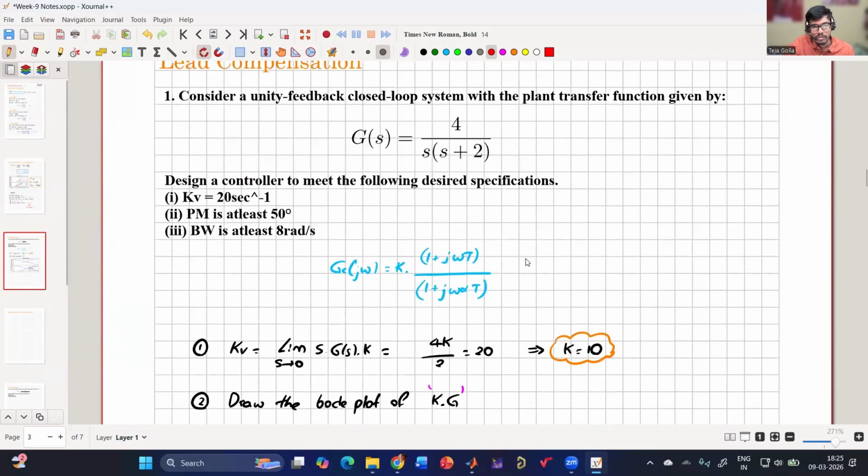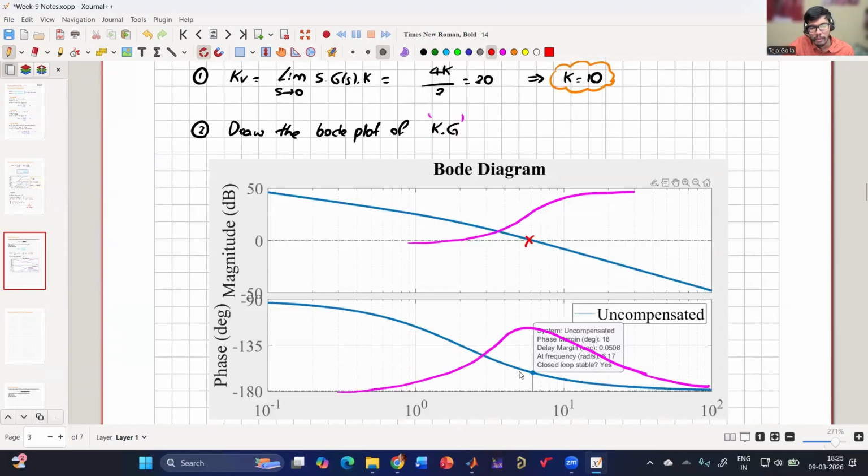But I want my phase margin at the gain crossover frequency. If it has certain gain over here, then the gain crossover frequency will not happen at this point. The gain crossover frequency will happen when the gain is 0. Because there is an additional gain due to this compensation, I have to choose that frequency where there will be a negative magnitude of this gain, so that both get cancelled. So that's why it is very important to understand what is going on.